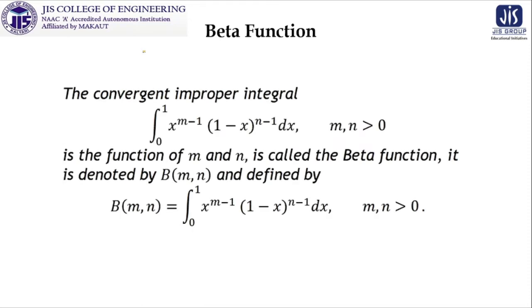All of us know that the convergent improper integral from 0 to 1 of x to the power m minus 1, into (1 minus x) whole to the power n minus 1 dx, with the criteria that m and n are both greater than 0, is called the beta function, and the parameters are termed m and n, because after integrating, the expression will depend on m and n. So this is the basic definition of a beta function.